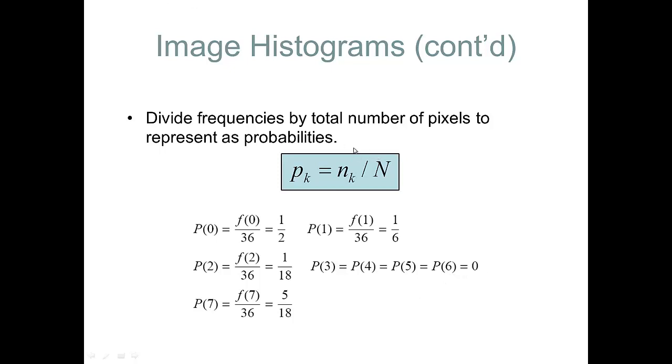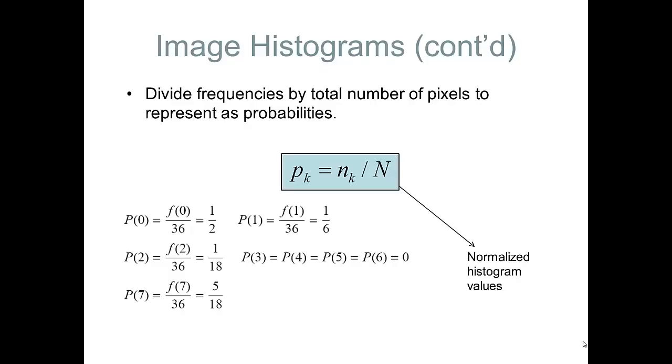In fact, this is a very simple concept shown here. These probabilities estimated by this formula we call normalized histogram values.